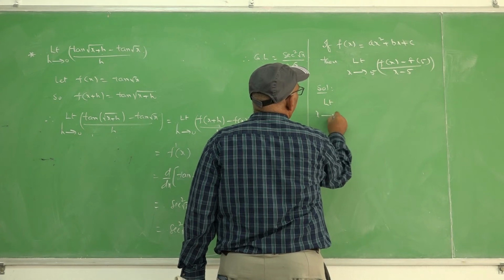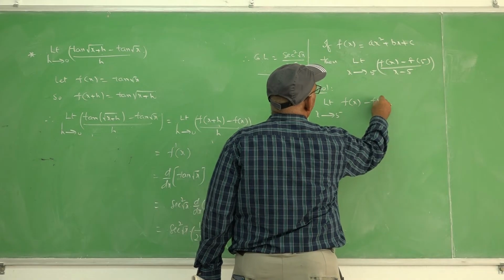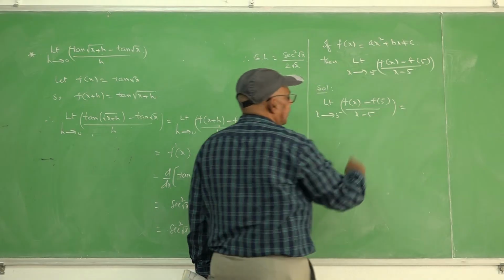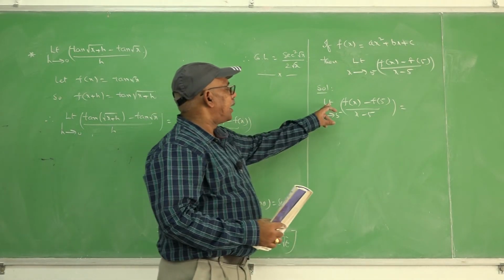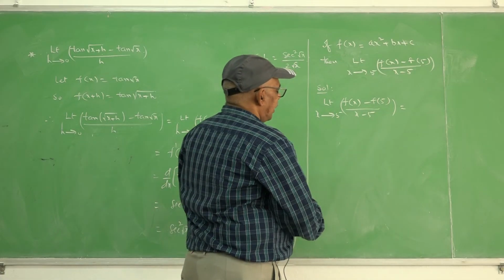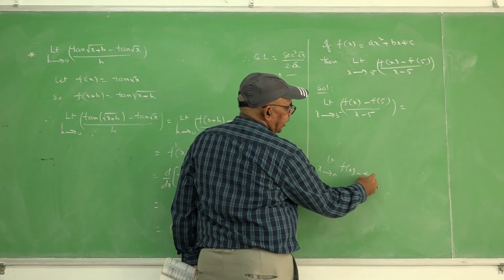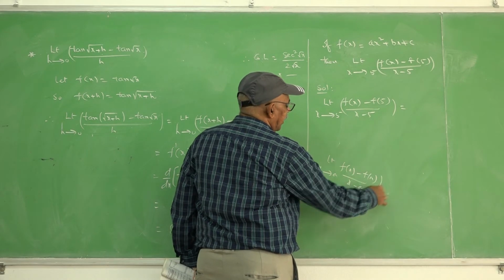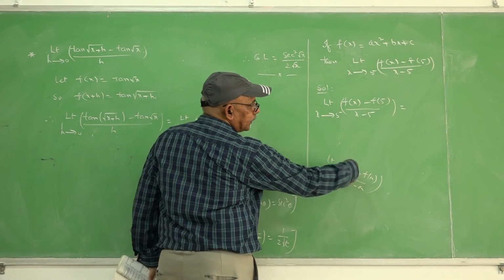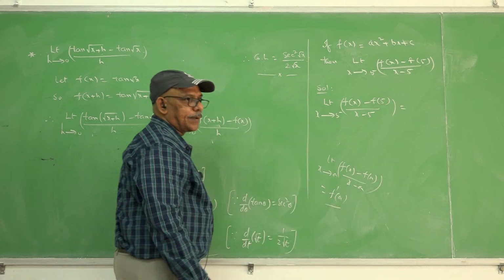Clearly, this is of the form limit as x goes to a, f(x) minus f of a by x minus a. By the definition of the derivative of the function at a particular point, once this limit exists it is always equal to f dash a.